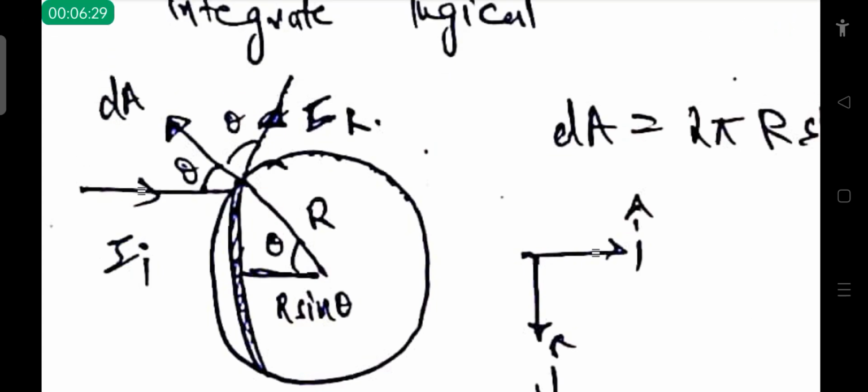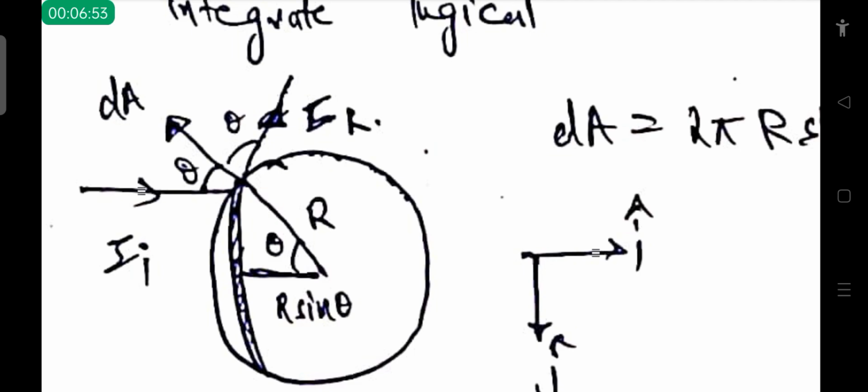This represents the initial light incident, and this is the intensity of the final. Both are the same, but I have just shown that so you can get an idea of what I am trying to represent here. Since it is completely reflecting, the sphere is like a mirror ball, so it will follow all laws of reflection.